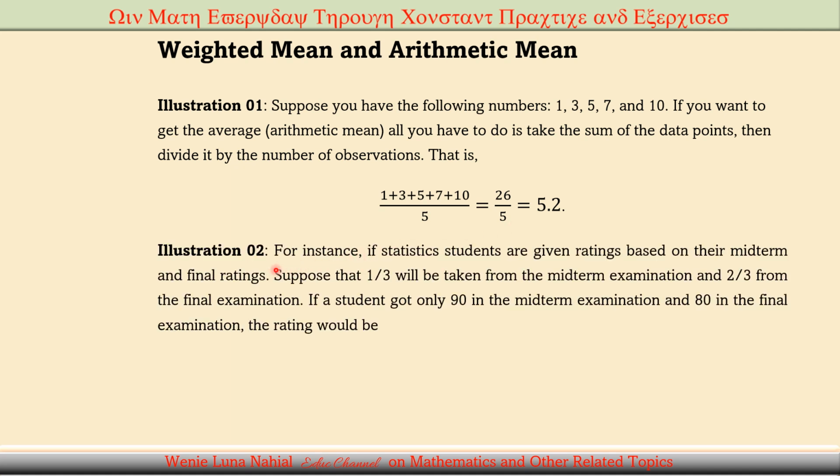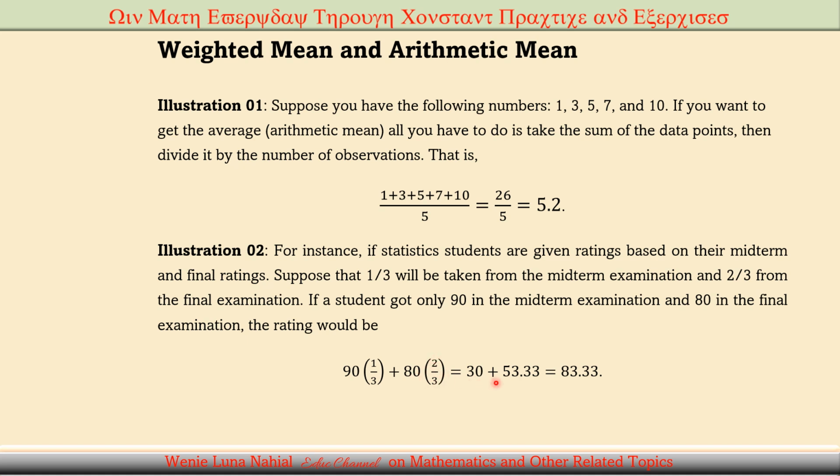Now, let's come to the second illustration. For instance, if statistics students are given ratings based on their midterm and final ratings, suppose that 1/3 will be taken from the midterm examination and 2/3 from the final examination. If a student got 90 in the midterm examination and 80 in the final examination, the rating would be 90 times 1/3, because only 1/3 of the midterm examination is to be included, plus 2/3 of 80.